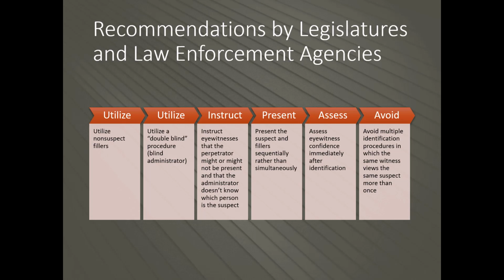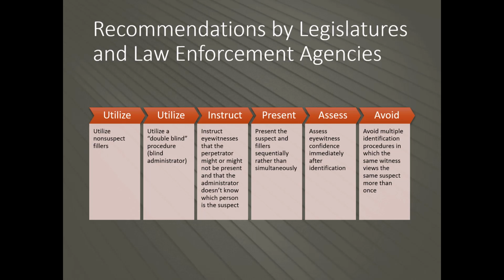Instruct eyewitnesses they may or may not be present, and don't let the person running the test know which one it is. Present the suspects sequentially rather than simultaneously. So 1, 2, 3, 4, not all together. Assess their confidence after identification, and avoid multiple identification procedures in which you have the same witness being run through, because eventually we're going to say that's going to do it.